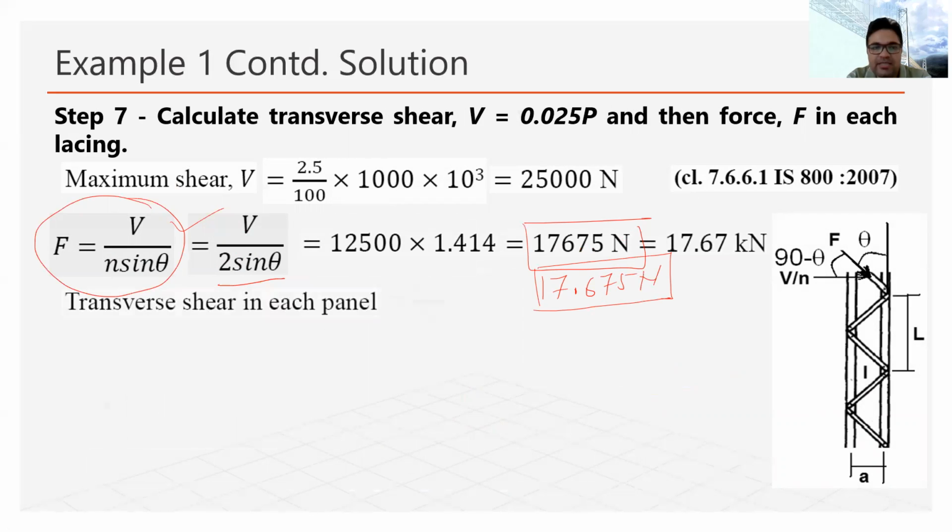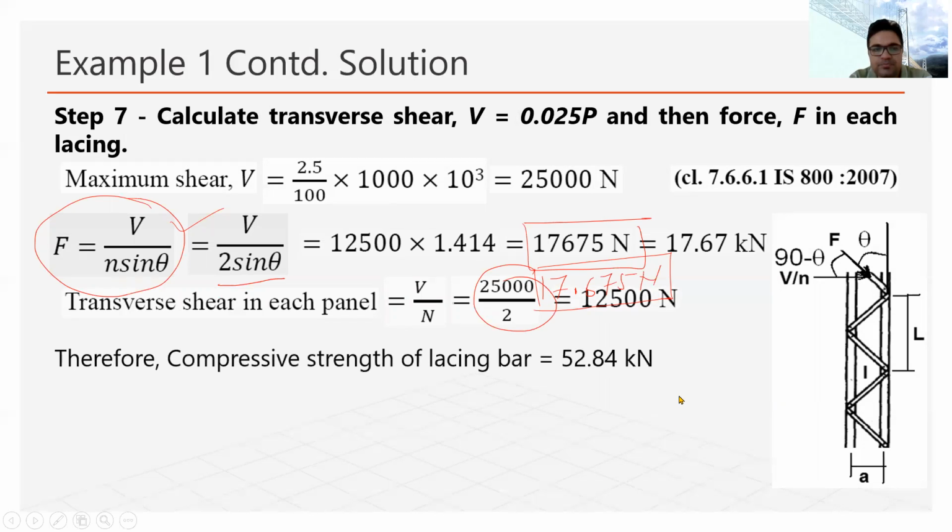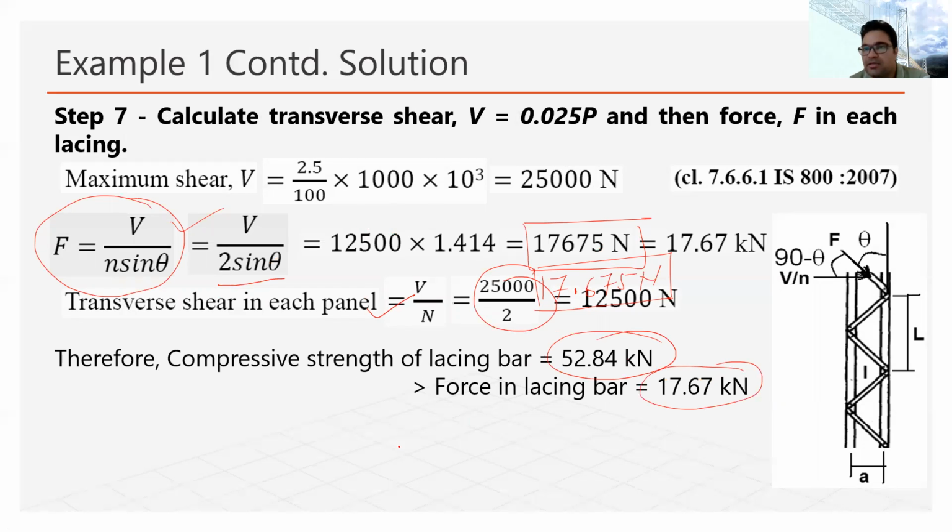Yes, this is the transverse shear force, which is divided on both the panels. This was actually the background point. In this case, you can see the compressive strength of the lacing bar is 52.84, and it is more than the required force.